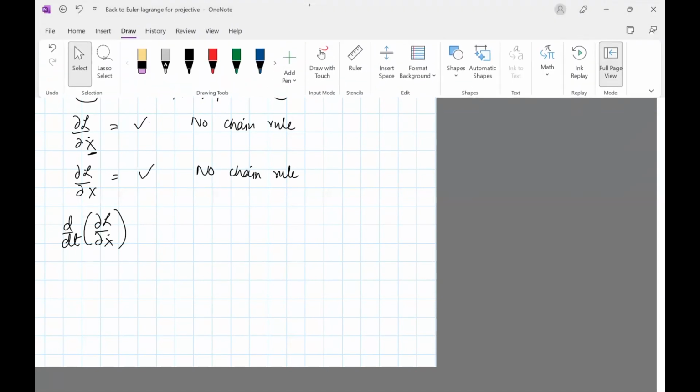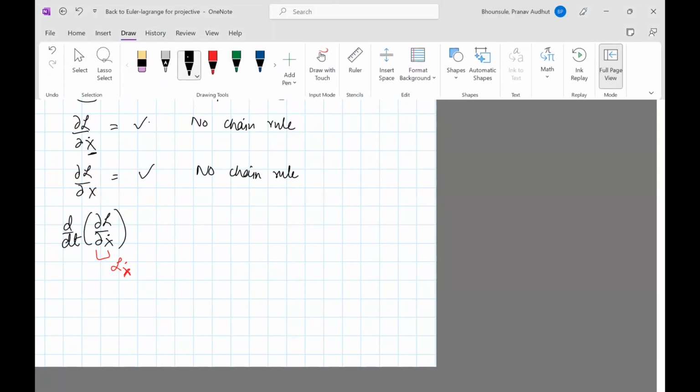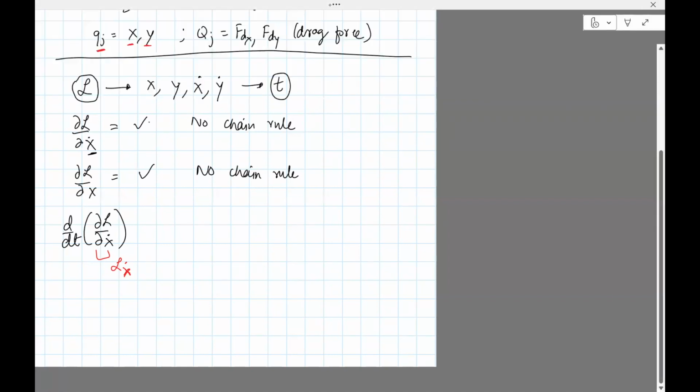Just to make our life easy, I'm going to create a notation for this. Let's call this Lx dot. So you've computed the derivative and stored it as Lx dot. Now let's go with the chain rule. I need to go from L to x, then to t.